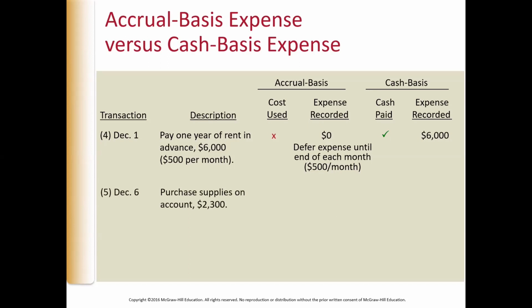On December 6th, we purchased supplies on account. What does that mean, supplies on account? That means we purchase supplies, but we're going to pay for them later. So think about that. December 6th, we would debit supplies as an asset. We would credit accounts payable. And we wouldn't show those supplies as an expense until they get used up.